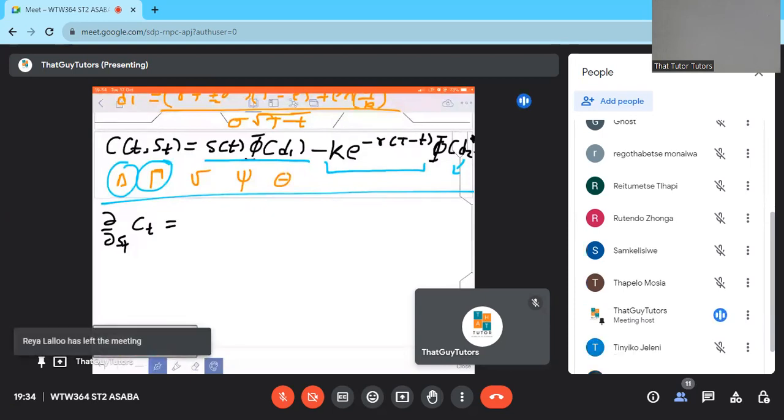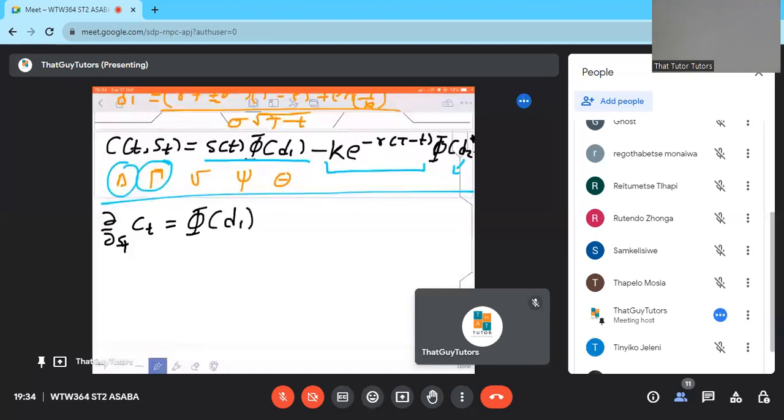So you would have this D1 plus ST, and then you would have to standardize again. You would have to differentiate this one, and then you would just have the one which is not cumulative, and then you would need to differentiate D1. So ST times the derivative of D1, and then you would have minus K e^(-rT) minus this.